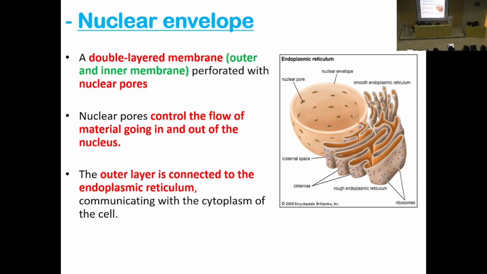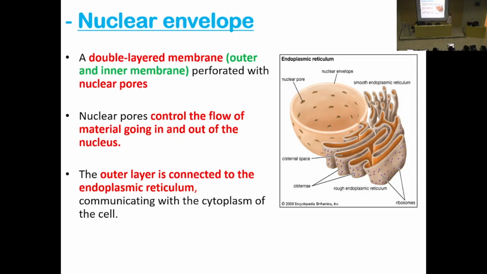We call them nuclear pores. These nuclear pores are very important for the in and out of molecules from the nucleus to the cytoplasm and so on. So it's through this pore that there is the traffic of molecules in and out.